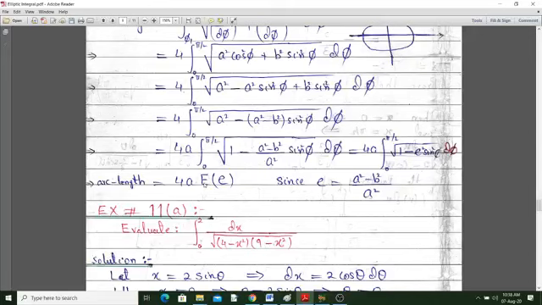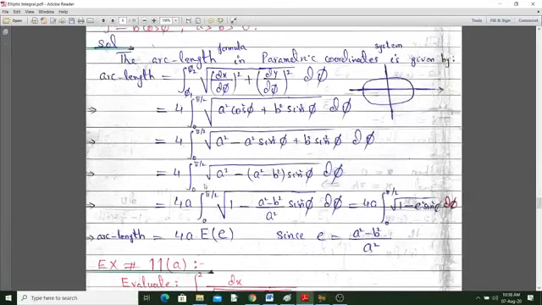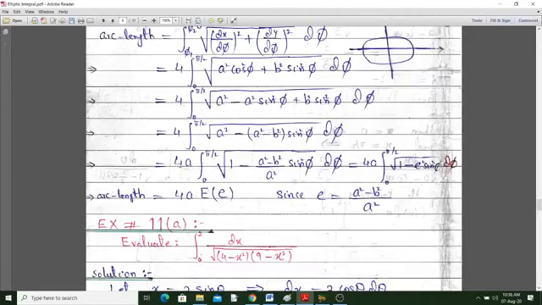This is the reason that the integrals that arise during the calculation of the arc length of an ellipse are called elliptic integrals, because they convert the arc length formula into a very short, very compact, very beautiful form.